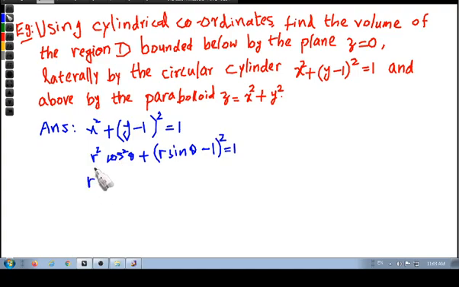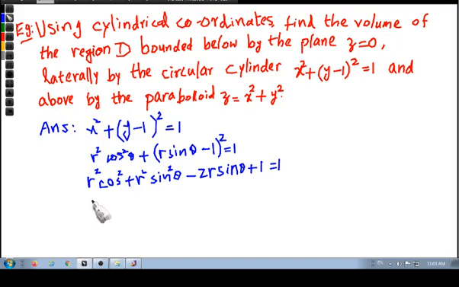So it is r square cos square theta plus r square sin square theta minus 2r sin theta plus 1 equal to 1.